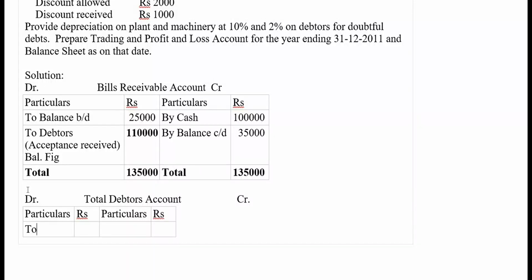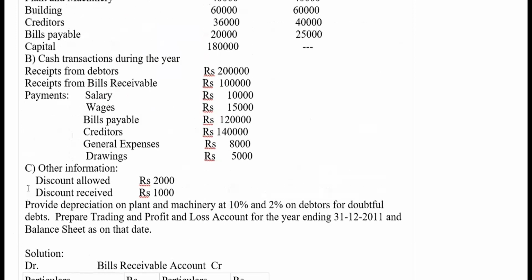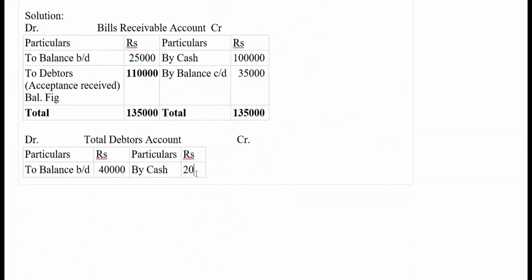It will start with the opening balance, so to balance brought down. The opening balance of the debtors is given as 40,000. When cash is received from the debtors, the entry will be cash account debit to total debtors, so total debtors is credited by cash. The amount received from the debtors is rupees 2 lakhs.